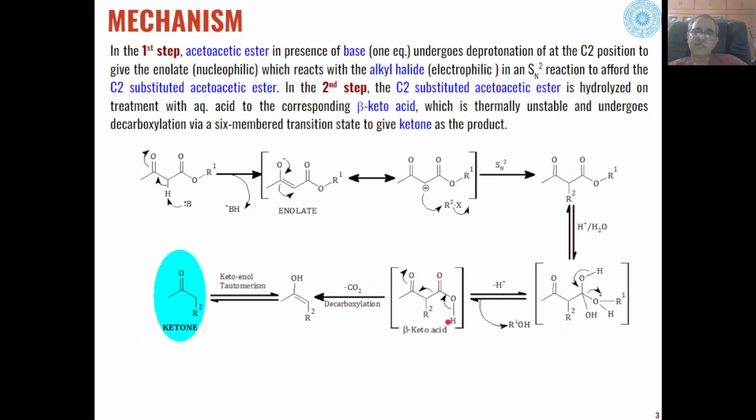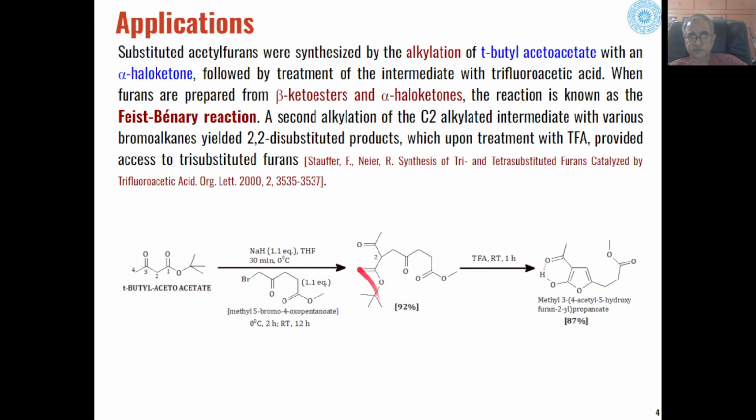And when these beta keto acids are heated, they undergo decarboxylation to get converted into these types of enols, and these enols undergo keto-enol tautomerism to give us monoalkylated acetone derivatives as the product. So this is the case when we use one equivalent of base for these types of conversions.